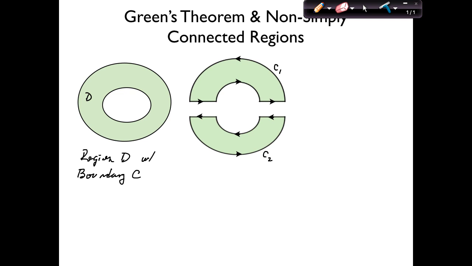Do you see that if I were to do the line integral of C1 and add it to the line integral of C2, what would I get? Is that different or the same as the line integral of C?